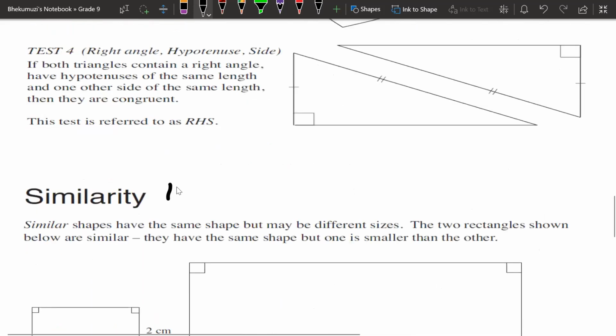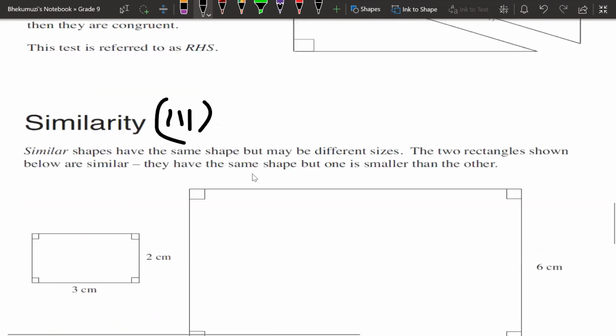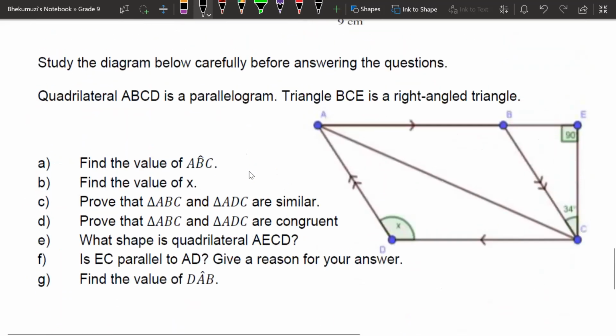And then when we talk about similarity, it's 3 lines going down. But we will see this in the example that we are about to do. So now the first example that we're going to do is: study the diagram below carefully before answering the questions. It's a quadrilateral ABCD, a parallelogram, right? And then we have triangle BCE is a right angle triangle.